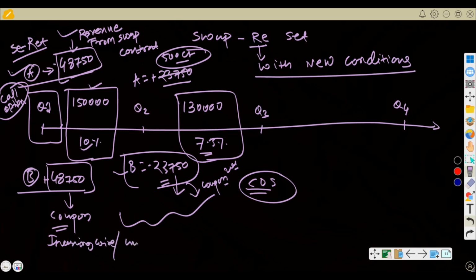Incoming wire, or unadvised cash, or maybe upfront fee. The official word is coupon or interest payment. Even we can say cash flows. Yep, even you can say cash flow also.